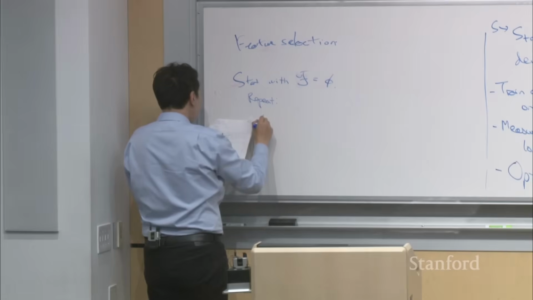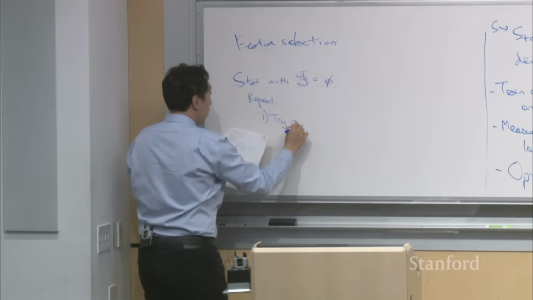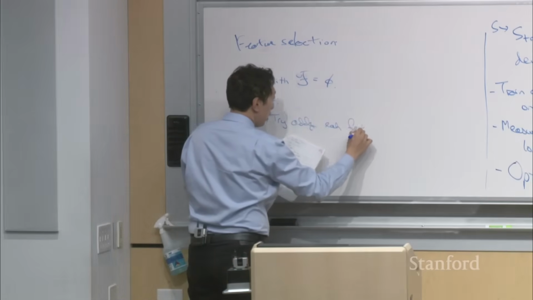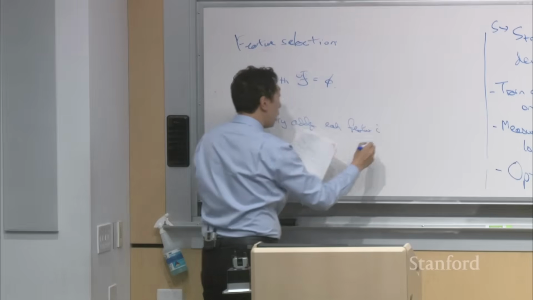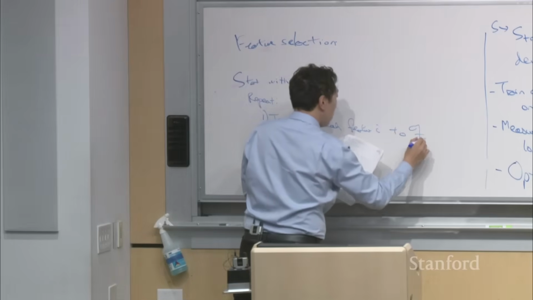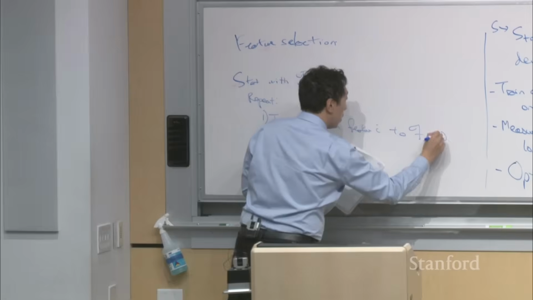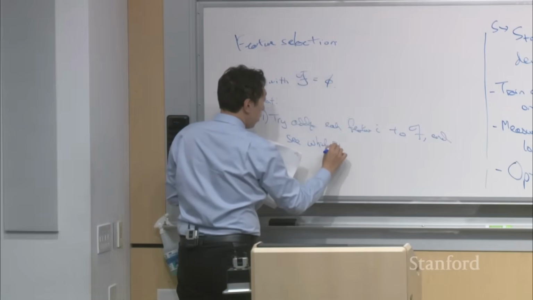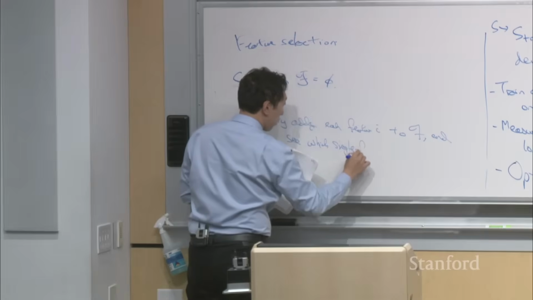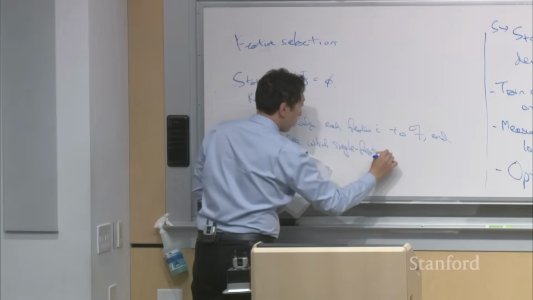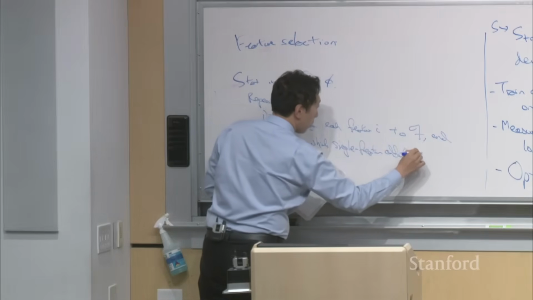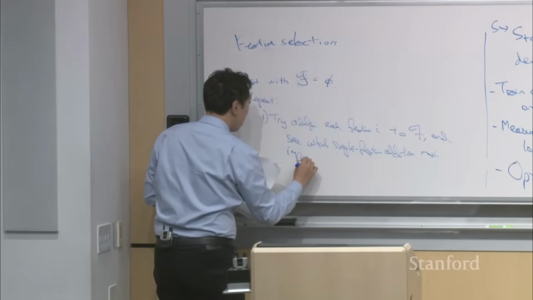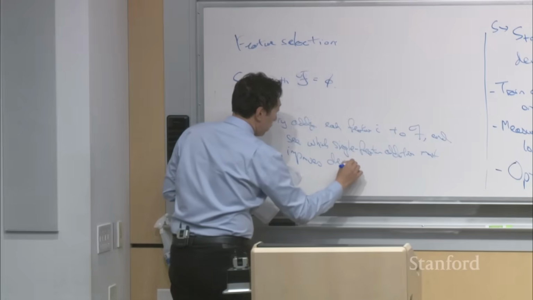And then you repeatedly try adding each feature i to F and see which single feature addition most improves the dev set performance.